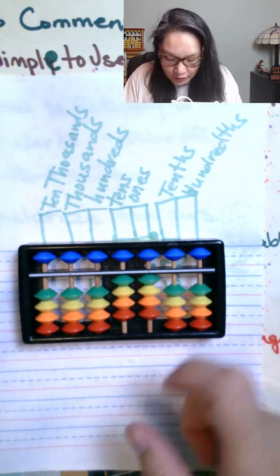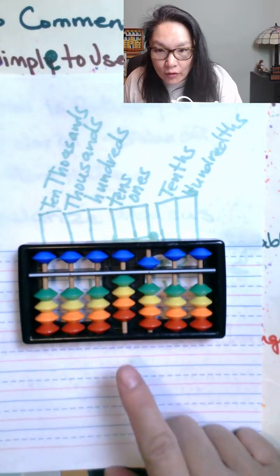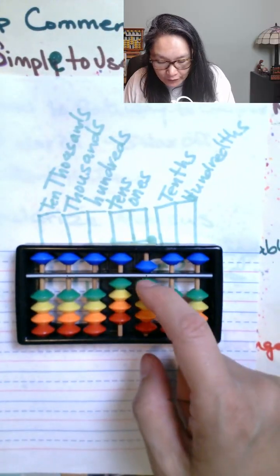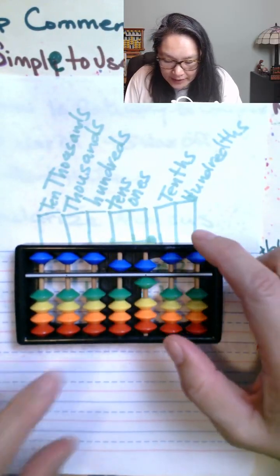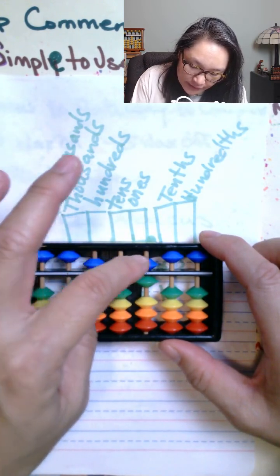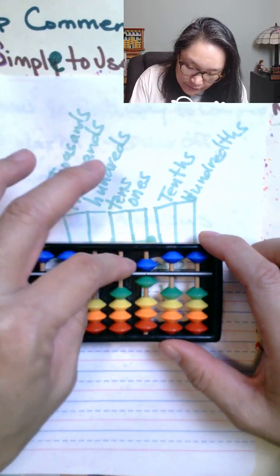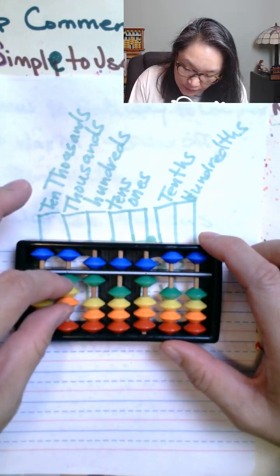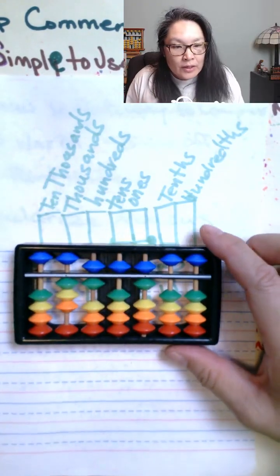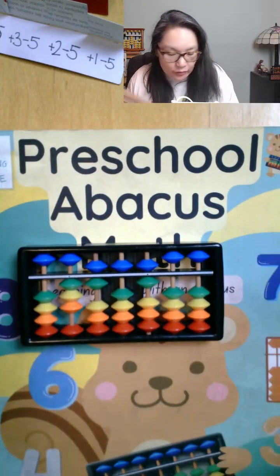So what's after 44? 45, and then after 45, we have 46. And again, if I did this, this would be 56, and then 556, 656, and then 3,656.